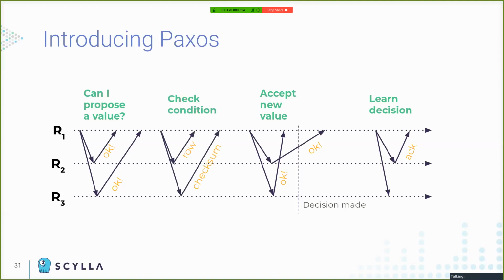In addition to that, Cassandra has a check condition round, which fetches the old row or the checksum of the old row from replicas between propose and accept. So all in all, there are 4 round trips in Cassandra to perform the mutation. And the initial implementation that we benchmarked at 3.2, that we've just released, followed that.